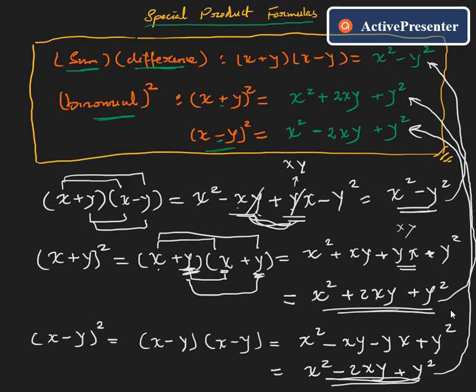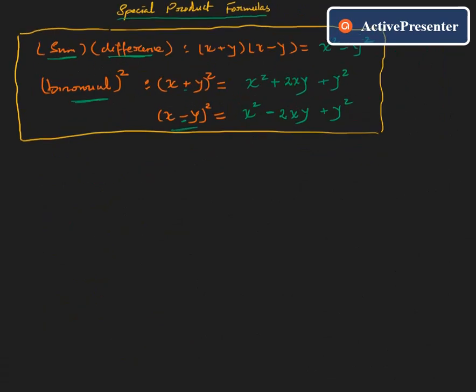Okay, let's take examples. So our first example is 7x plus 10 multiplied in 7x minus 10. What does this equal to? If you see the two binomials, this binomial and this binomial, it is the sum multiplied with the difference.